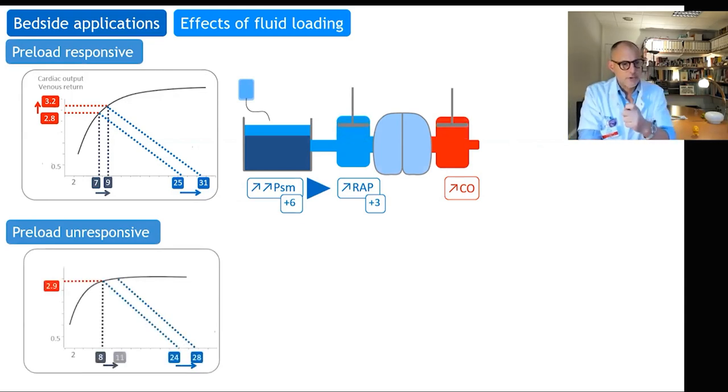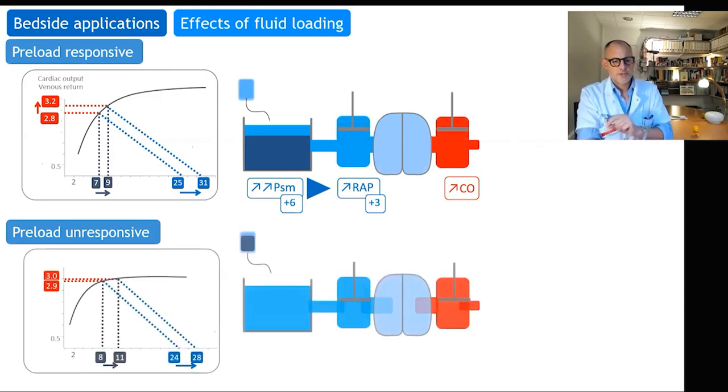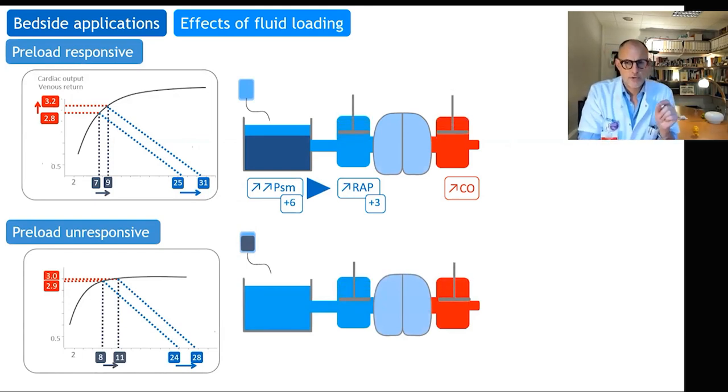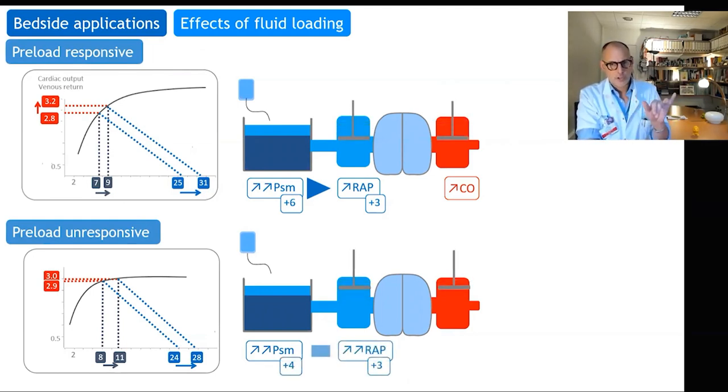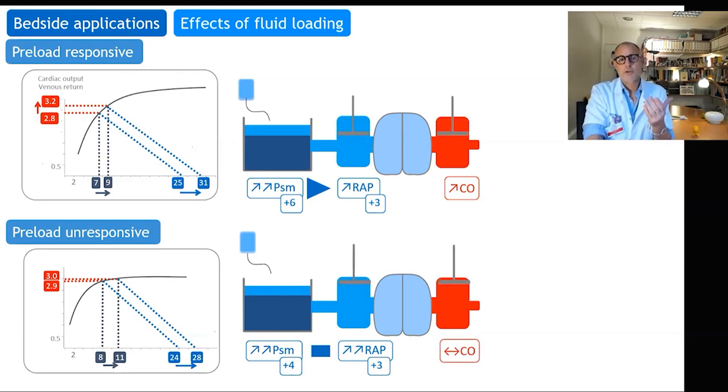By contrast, in fluid unresponsive patients, the mean systemic filling pressure increases, but the CVP increases to the same extent. There is no increase in the gradient between mean systemic pressure and right atrial pressure. No pressure gradient increase, no increase in venous return, no increase in cardiac output. What does it mean?